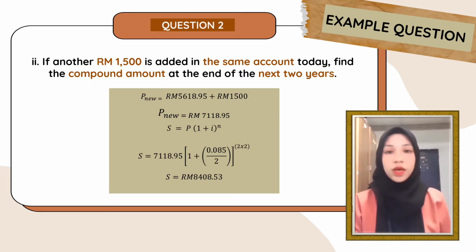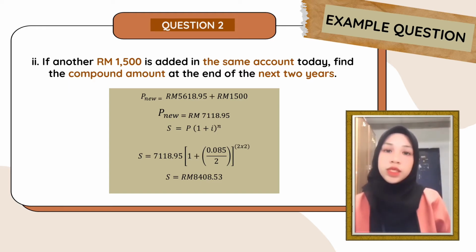Okay, so we can write P new equals 5,680.95 plus the amount that we have added today. So plus RM1,500. So the answer is RM7,180.95. So this is the amount in the account today.